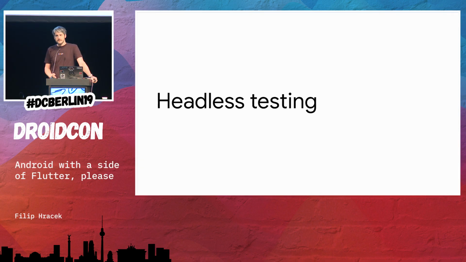All right, and the second happy coincidence of all that technical stuff that I talked about is headless testing. Again, because you're kind of owning all the pixels, you can do anything with the screen. It is very much possible for you to say, you know what, I want to test the app and not actually run it anywhere, just test it headlessly, but still do all the layout stuff, animations, everything else, right, headlessly.